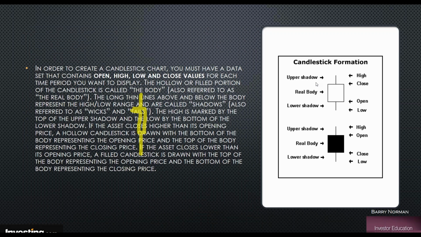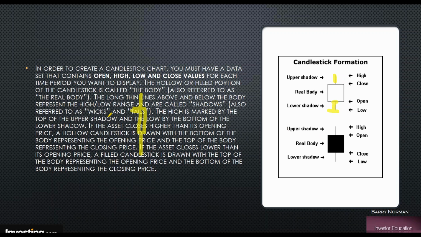So remember, we have the high, which is called the length from the highest point to the candle is sometimes called the upper shadow, or we just call it the wick, the upper wick, and the length of the lower wick is the length from the close or the open, depending on which it is, to the lowest point in that time frame.